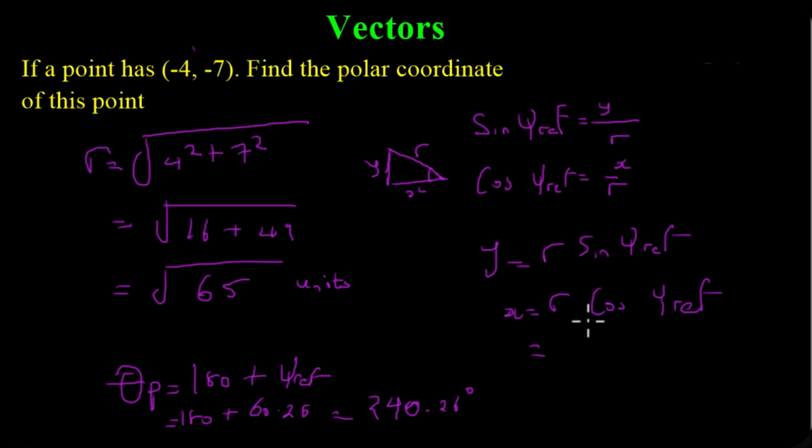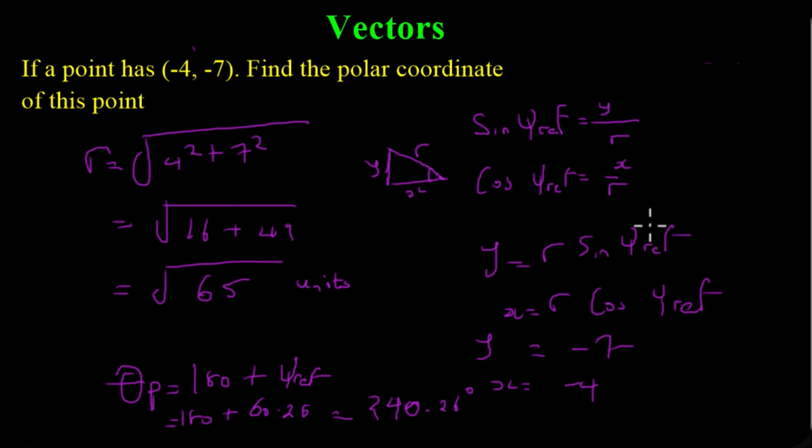So here we're having -7, so -7 for the y value. And then for the x value, r, that is root 65, cos 240.26. Then we'll have -4. So that's what we are having.